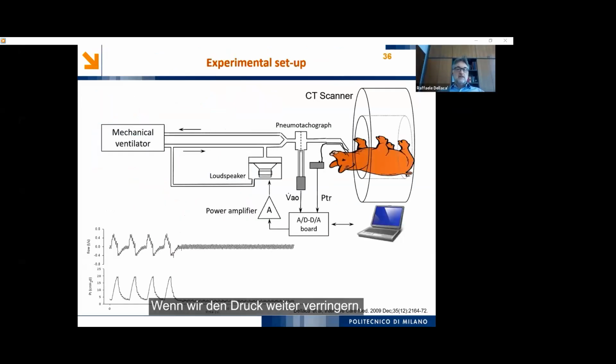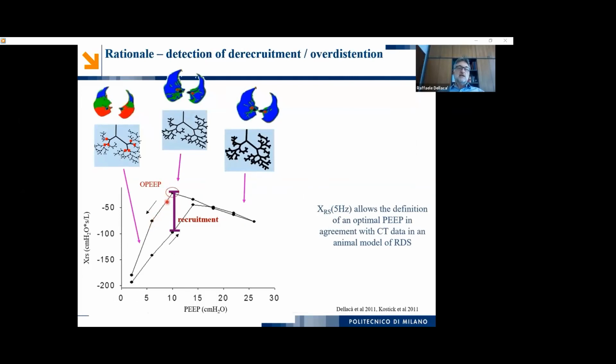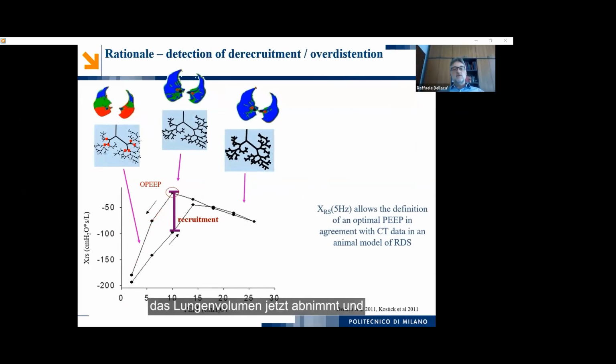If we further decrease the pressure, what happens is that we start to see a drop in the reactance. It is suggestive that the PEEP we are applying is now too low, and some of the alveoli started to collapse, and the lung volume is now reducing, and our baby lung is getting smaller.